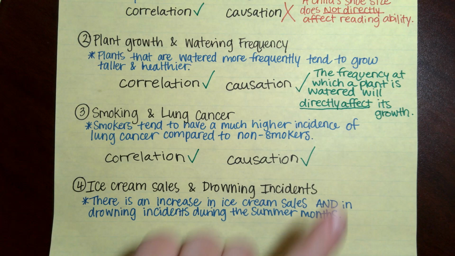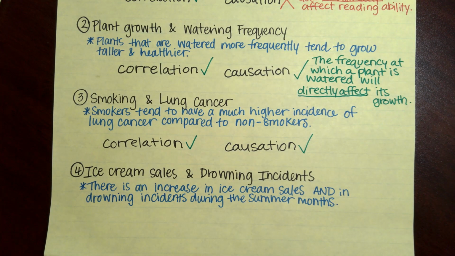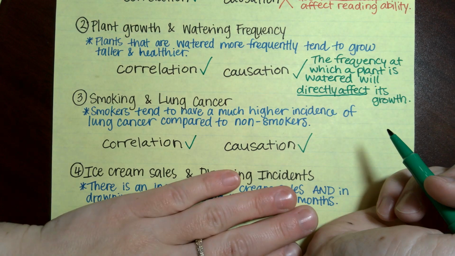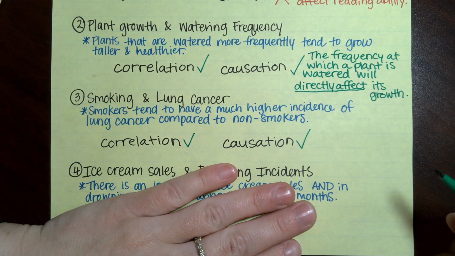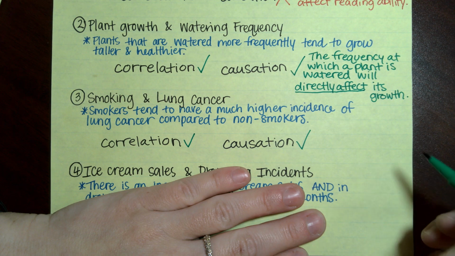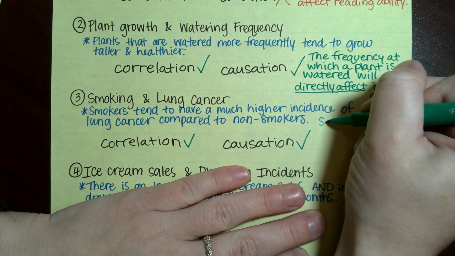So what should we write for our explanation here? What do you guys think? Smoking increases your exposure to carcinogenic compounds. Yeah, let's write that.